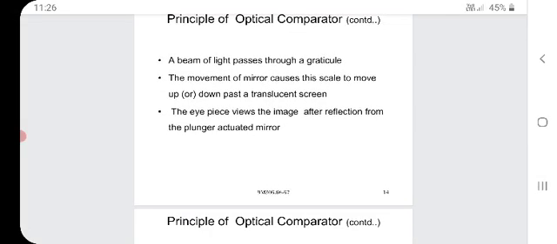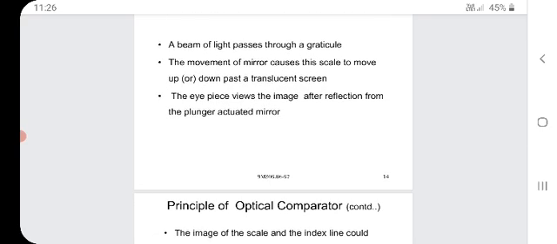A beam of light passes through a graticule. The movement of the mirror causes the scale to move up or down past a translucent screen. The eyepiece views the image after reflection from the plunger actuated mirror.